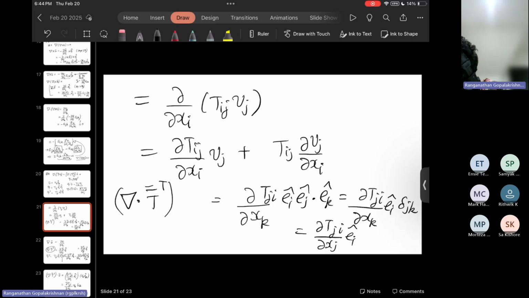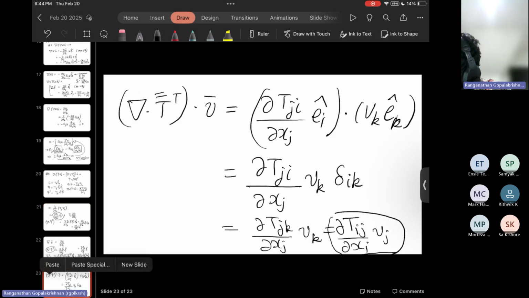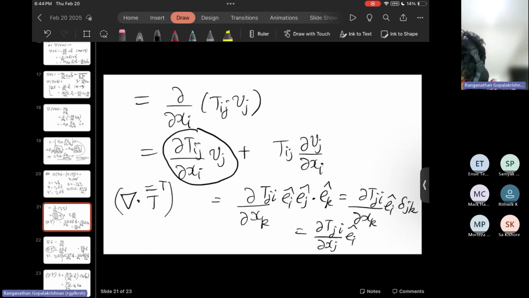T_ij x_i multiplied by v_j. I'm getting this, and I'm getting the same quantity here as well. So this essentially proves this quantity is equal to divergence of T transpose dot V.